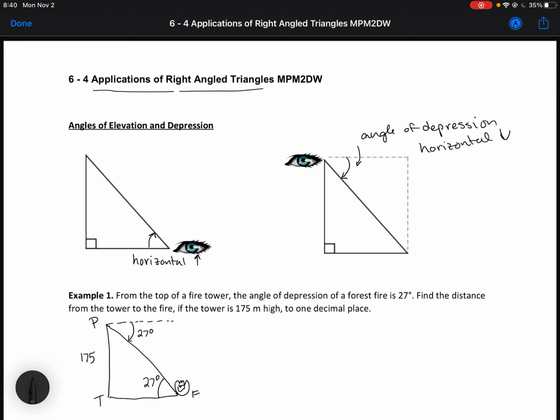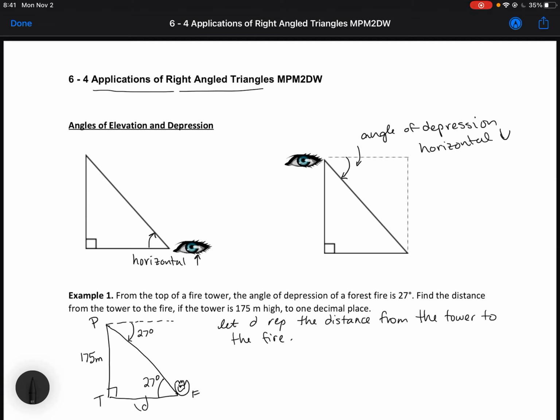The other piece of information that I know is that the tower is 175 meters high, and I'm looking for the distance from the tower to the fire. So I'm going to let D represent the distance from the tower to the fire.